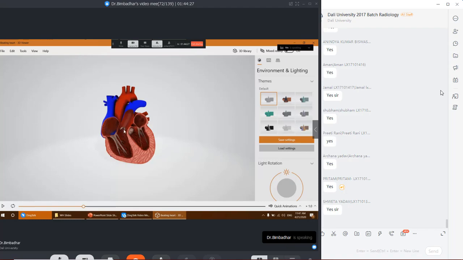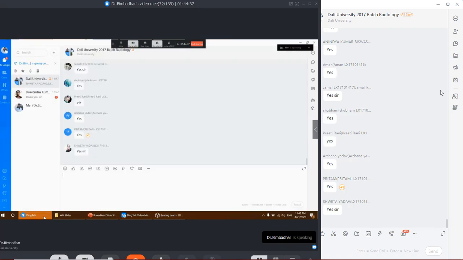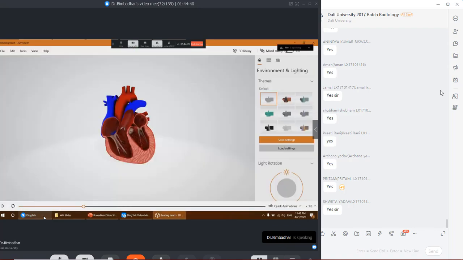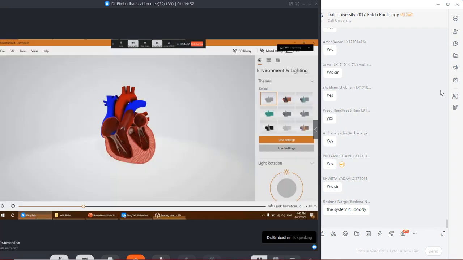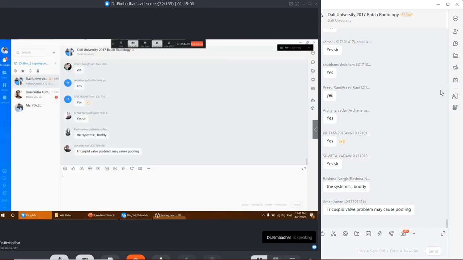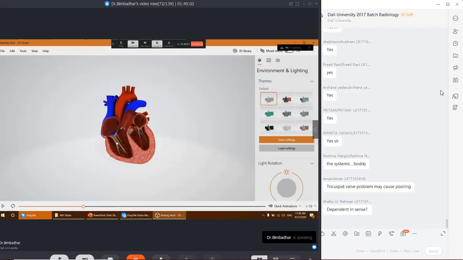So if there is a failure of the heart along this pathway, what is the dependent area on the right ventricle? Where does the pooling happen? What is the dependent area? Come on, Reshma, think and tell me. Consider, there is a problem here.